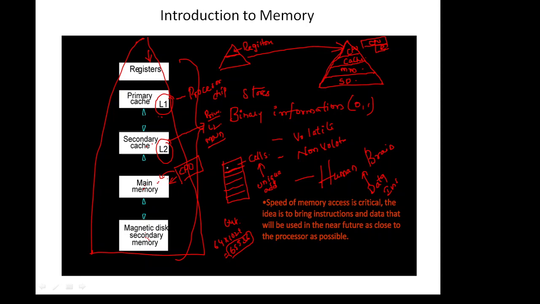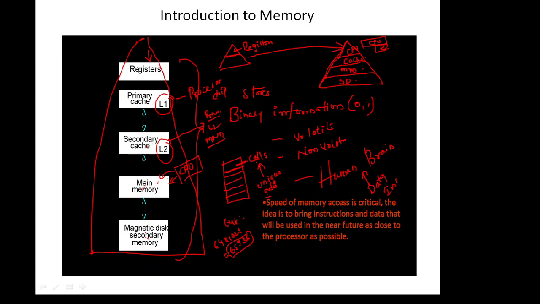So this memory is divided into small locations. Each location we call a cell. Each cell is going to have a different unique address. So the addresses depend on the capacity of the memory processor. This is how we have the introduction to memory.